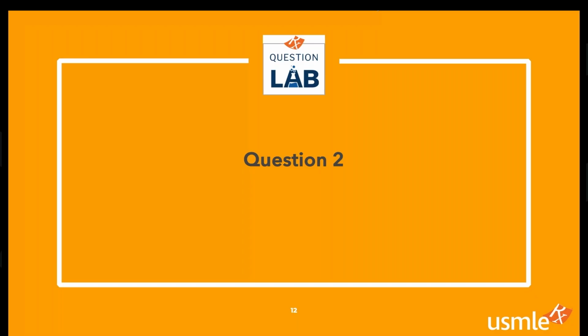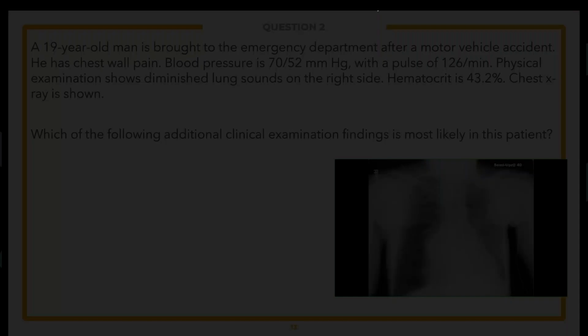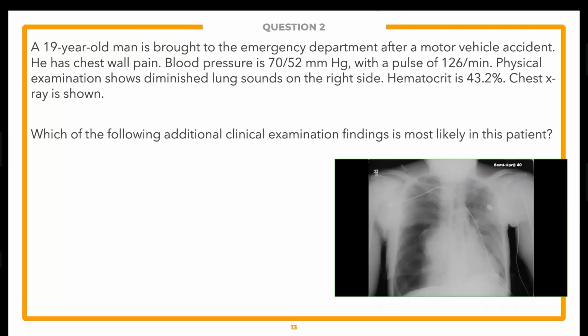We're following the same method here. We've got the answer choices covered up, and we're going to start by looking at the lead-in, but you also notice the x-ray there. In respiratory questions, that's not unusual.